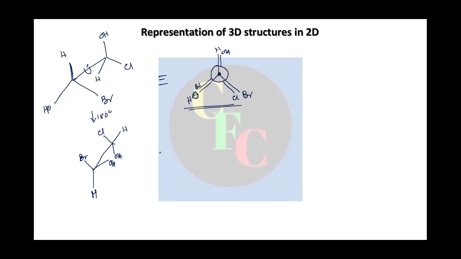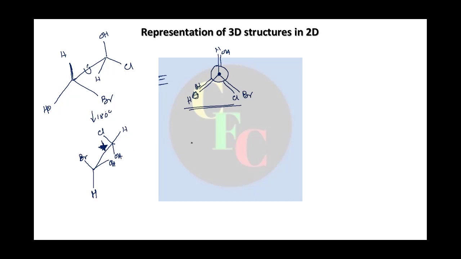Now if you want to say what is the Fischer projection of this, see, suppose you are viewing, now you have to view from this top here. If you view it from here, how will it look like, right?